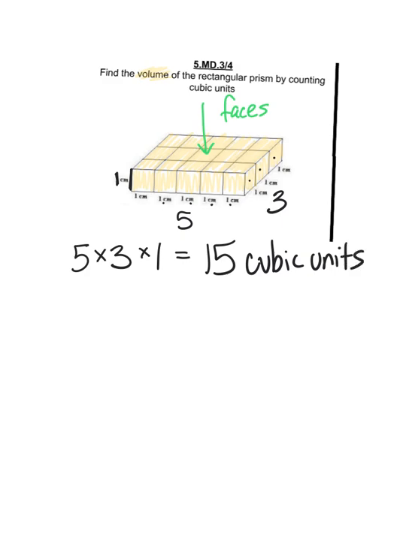If you don't have, oh, it says centimeters, never mind. I was going to say if you don't have a unit, if it doesn't specify, then just put units, but this actually does specify, so we'll put cubic centimeters, or you could also write it like this, cm to the 3rd power. This means cubic.